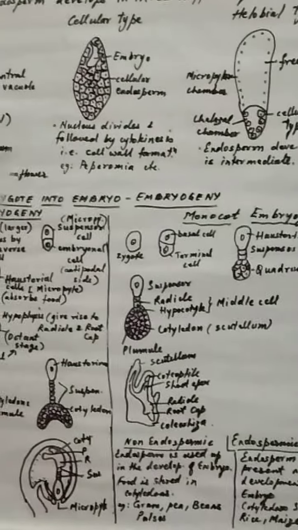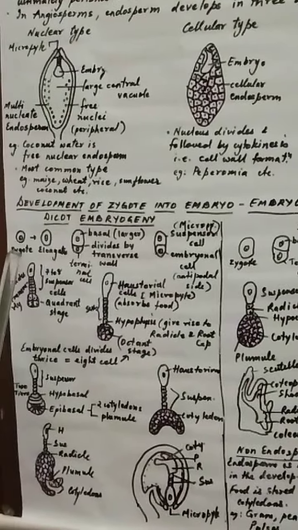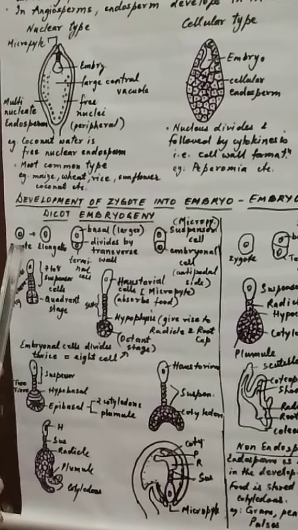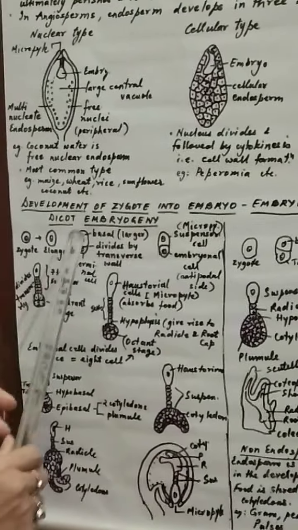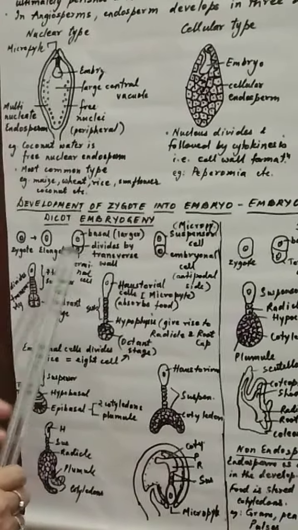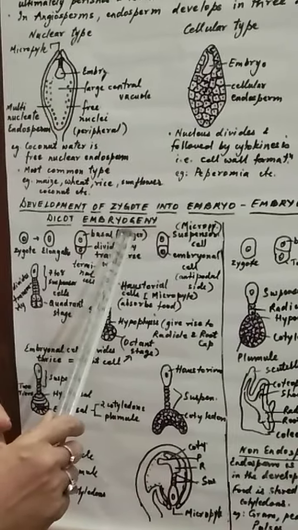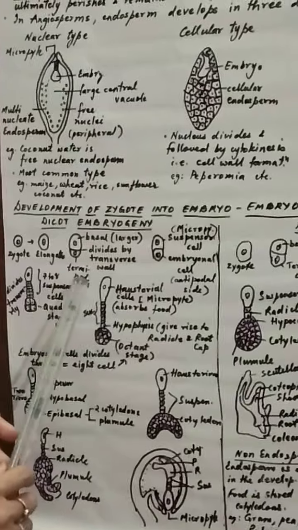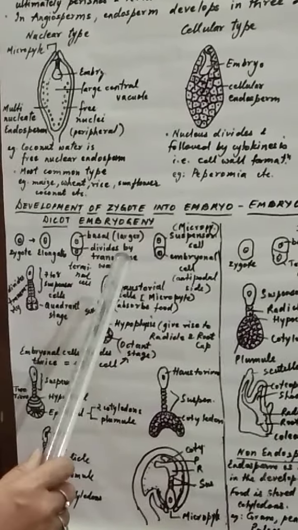After the endosperm, this zygote here you can see is single cell. It elongates, and as it elongates, it divides into two unequal cells. One is large called basal cell and the other one terminal cell, and this division is transverse.